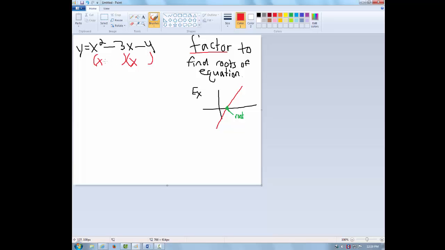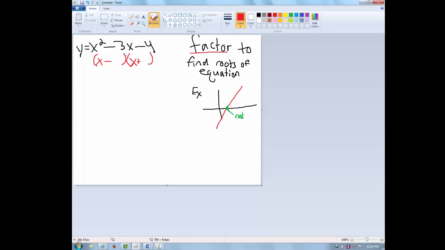So you know it has to be a minus and a plus because it's -4 over here. And since it's -3, the factors of 4 are 4 and 1 and 2 and 2. So those have to equal 3. There's no way if you add or subtract 2 and 2 from each other that they'll equal 3. So you know it has to be 4 and 1.